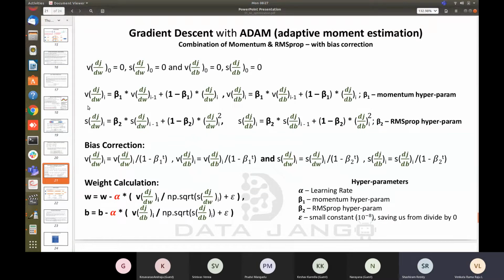In this formula, there are two values we are using: alpha into V of dj by dw, where we are using beta 1. In S dj by dw, we are using beta 2. Can you please remove that highlighting? When I highlight, the letters are going off.